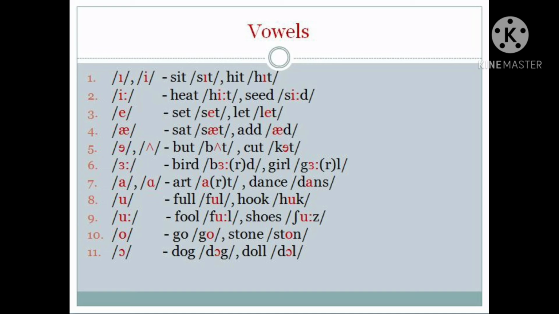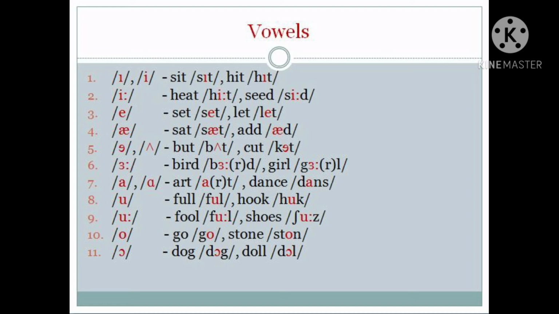The sixth one is similar to the fifth one, with the difference that it is simply the elongated version of A. So the fifth one was A, and the sixth one is A. Examples include words like bird and girl.